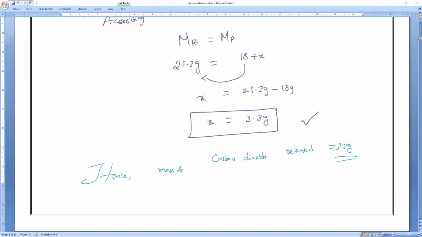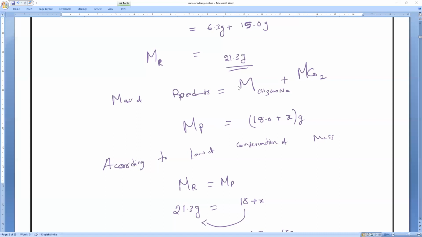So how do you identify from the problem which is the reactant and which is the product? The given question clearly mentions: calculate the mass of carbon dioxide released. Released means it is a product or reactant? It is a product. Next, when 6.3 grams of sodium bicarbonate is added to 15 grams of ethanoic acid.